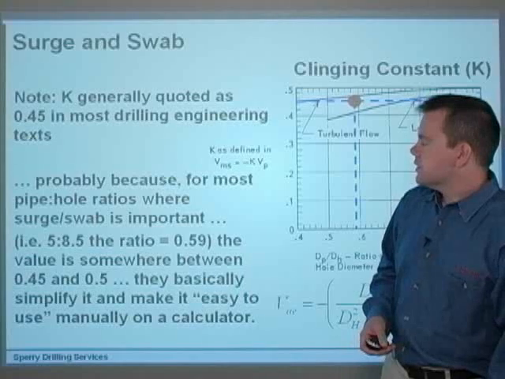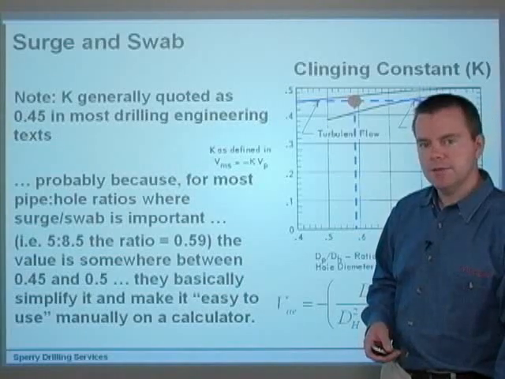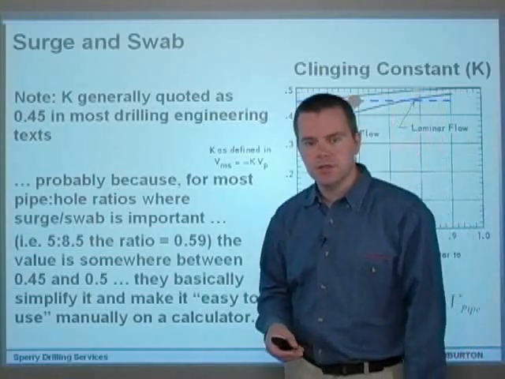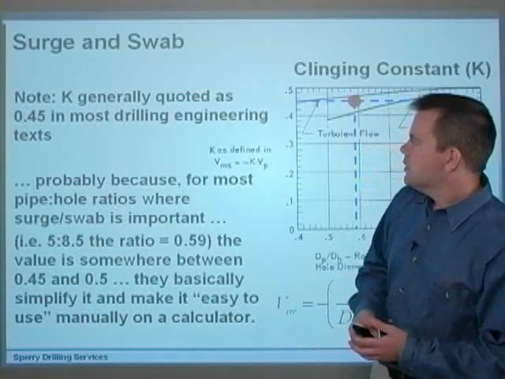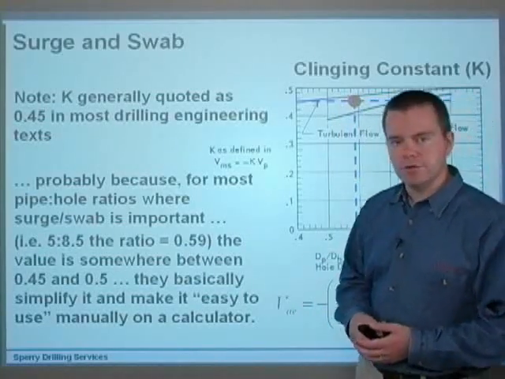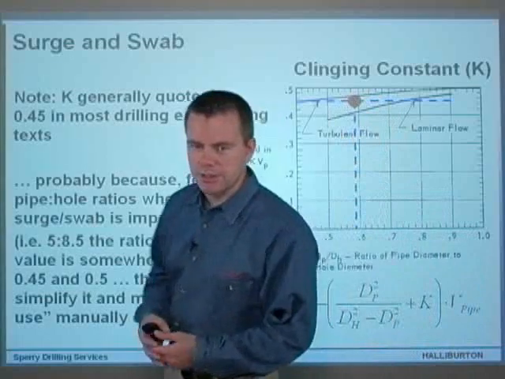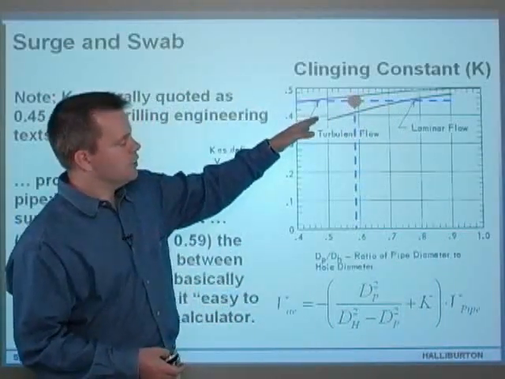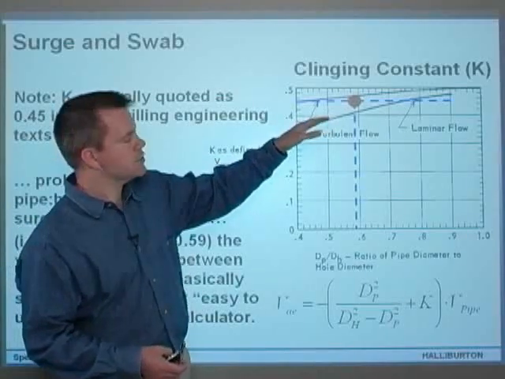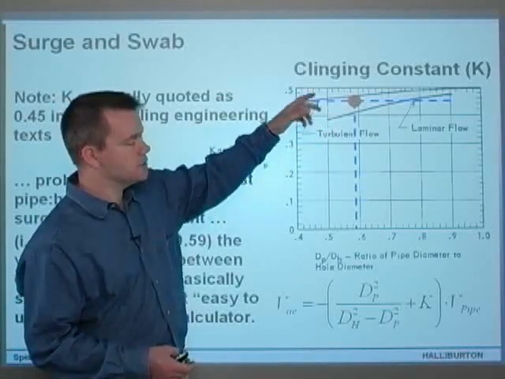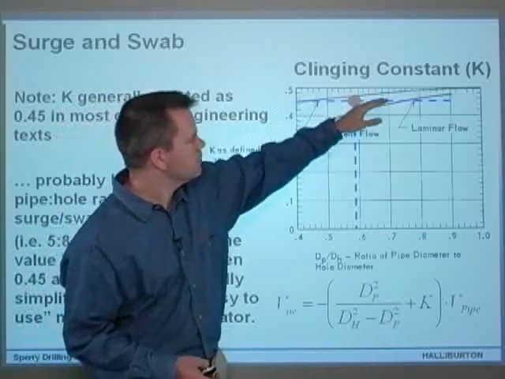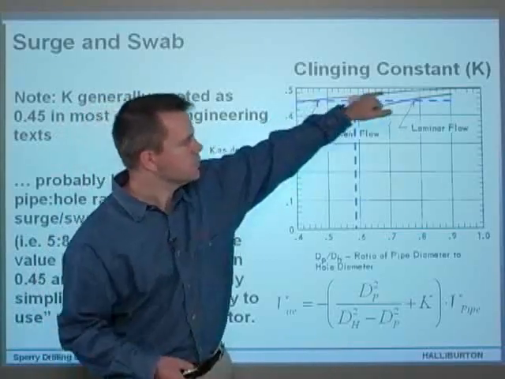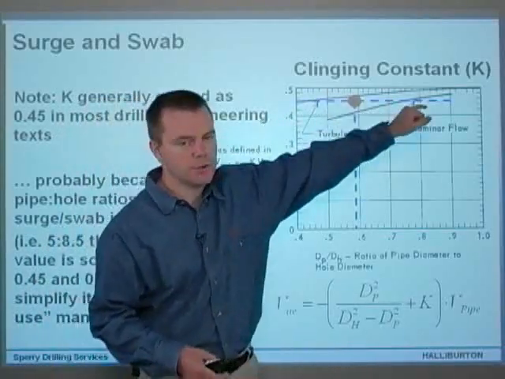Now, as I mentioned, I would explain K, the Burckhardt clinging constant. Basically, K is generally quoted as 0.45 in most drilling engineering texts. From the actual workings or some of the experiments that were done to determine K, basically there were a couple of curves, one for turbulent flow on the top here and one for laminar flow on the bottom.